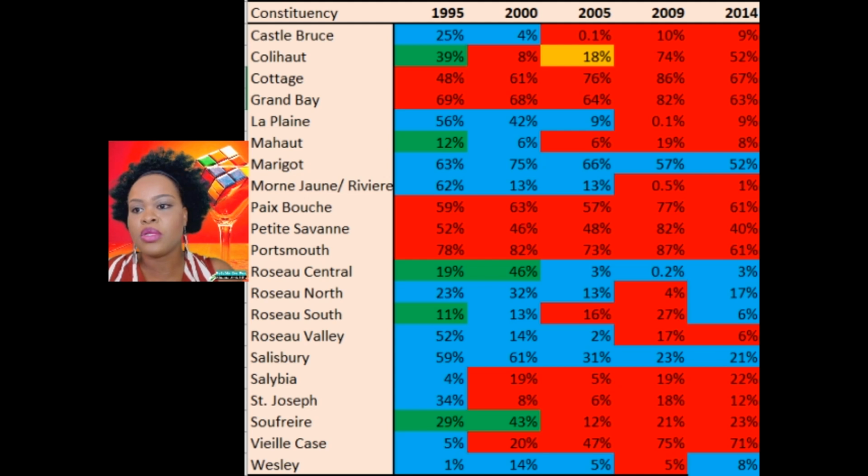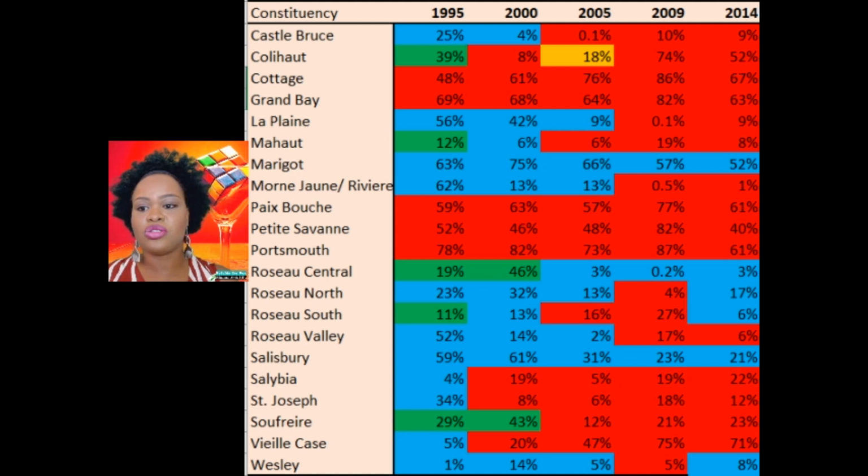Now, we're going to focus on 2014, although I have everything here so you can see the patterns and use it for reference for certain things. Even further down in our analysis, you may be able to use those numbers to determine what's going on. You can see where each party strengthened.